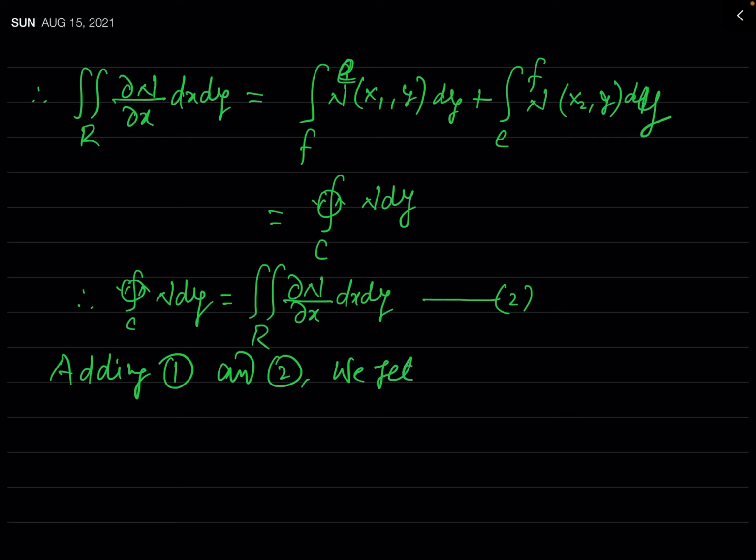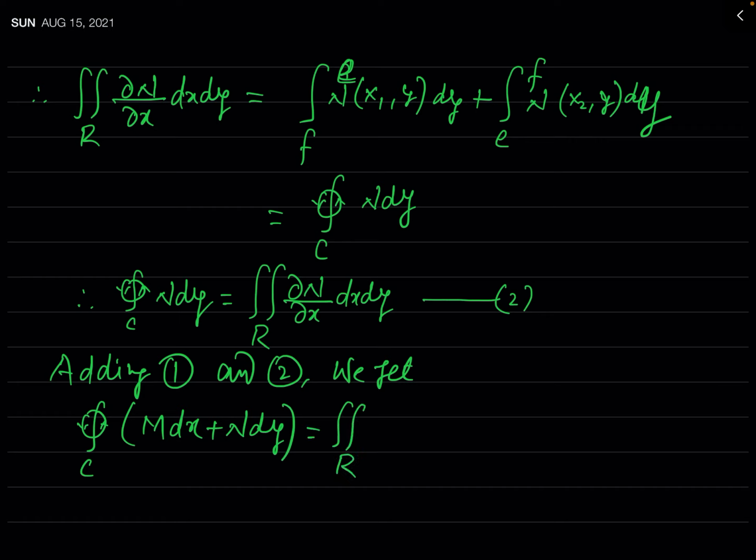you can see. In fact, I am writing the terms in RHS first of all. So this will be integral along C m dx plus n dy. See the equation 1 and 2. And that will be equal to what?